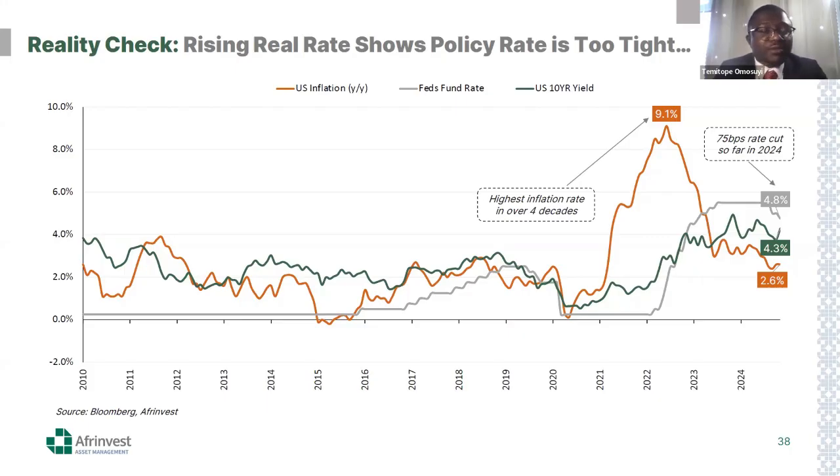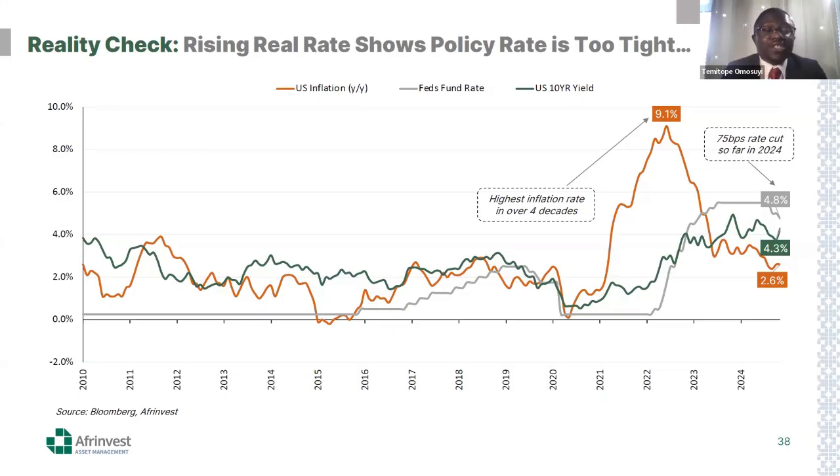Looking at what has happened so far with the monetary policy rate and inflation, you would observe that prior to 2020, inflation used to be way above the monetary policy rate, but right now inflation has declined substantially, closer to the 2% target, while the monetary policy rate is still elevated. In other words, the policy rate is becoming highly restrictive.